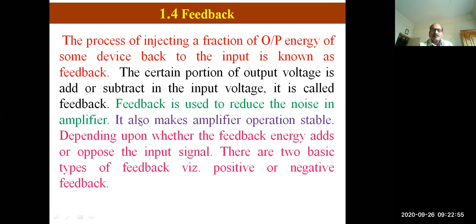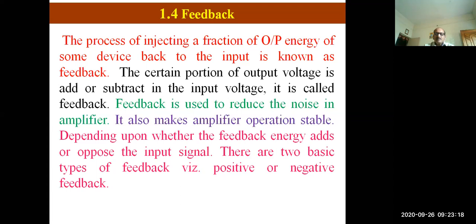Therefore, here we have to say that what is the necessity of study of a feedback. Initially, we can understand what is a feedback. Feedback is nothing but a certain portion of the output voltage given to the input voltage is called as a feedback, and it makes the amplifier operation stable.